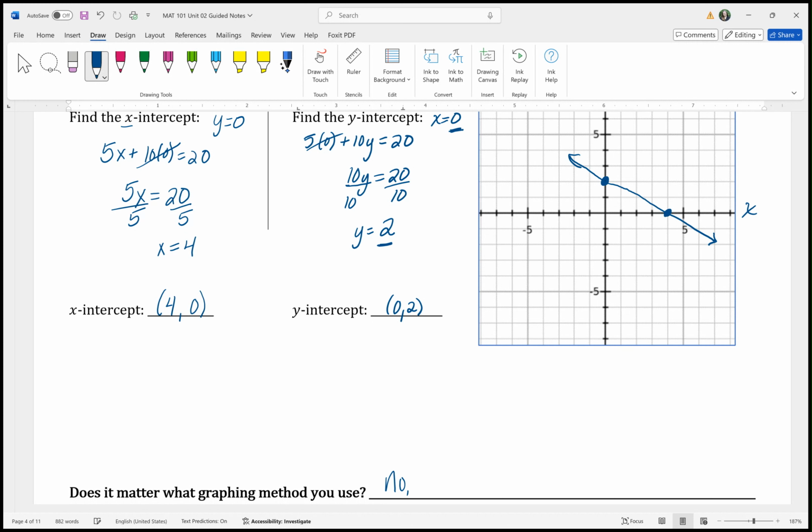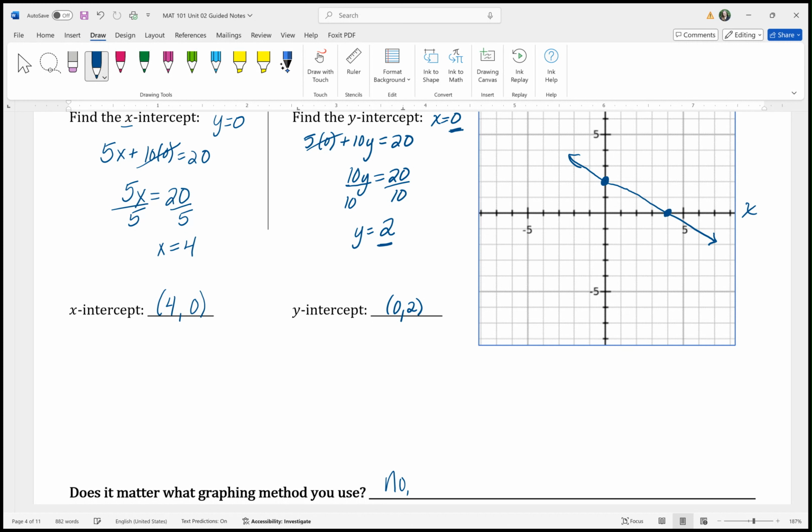Not so much. And so if you end up doing this method, which I really love, it's really simple to do, but you end up getting a fraction, then my suggestion would be to use one of those other methods. You can use the intercept and then the slope, or pick some values in an xy chart that would give you whole numbers that you can graph.